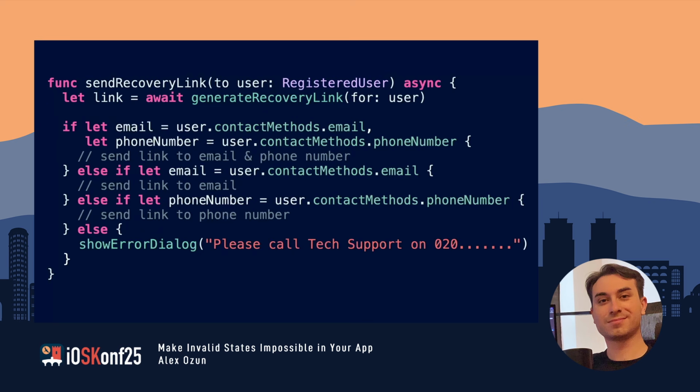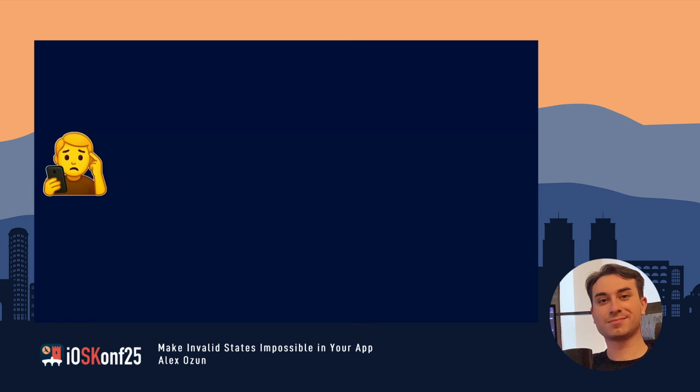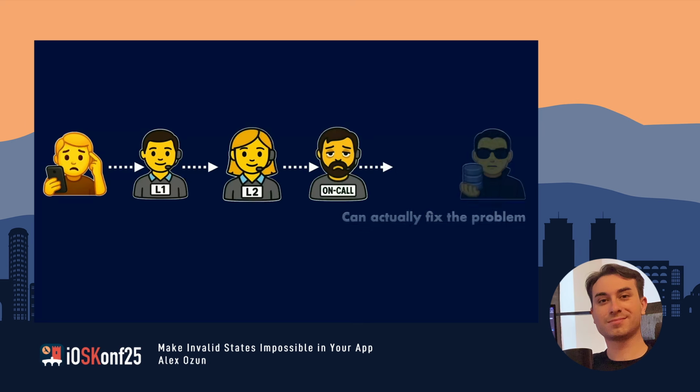Well, we are UI developers, right? We'd be like, sure, let's show some very useful error message, saying, hey, call Alex on tech support, this number. So here's the problem. The user makes a call, and this is me, L1, a perfect representation. The user explains the problem, and usually this triggers a chain of events.